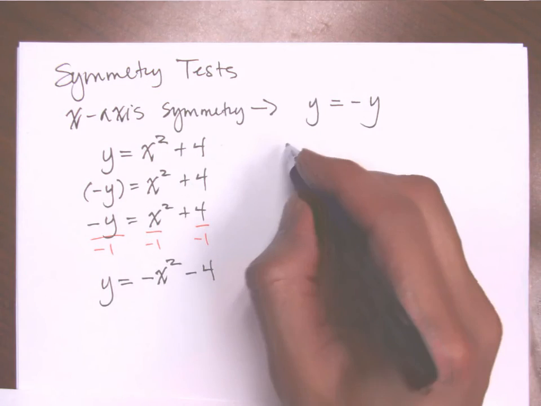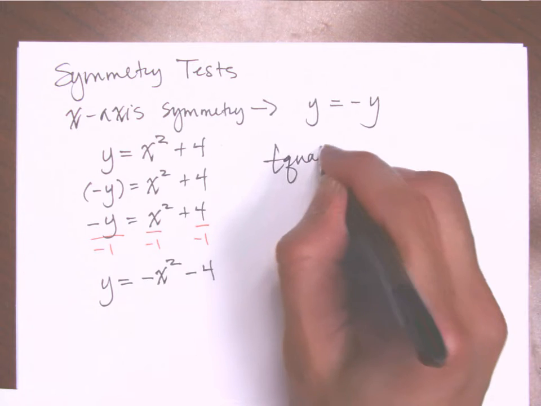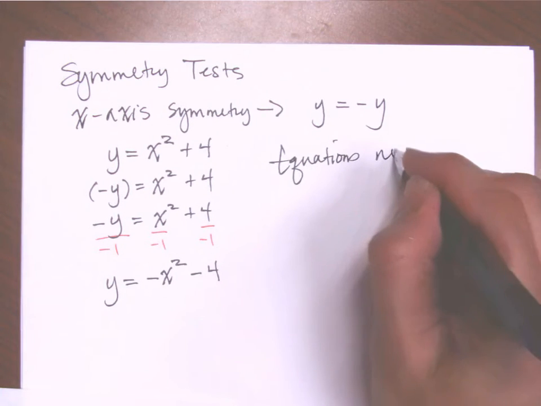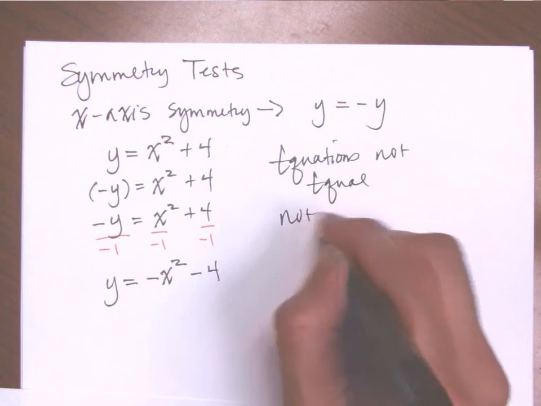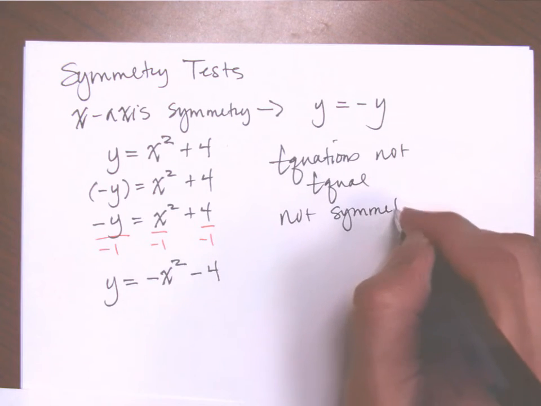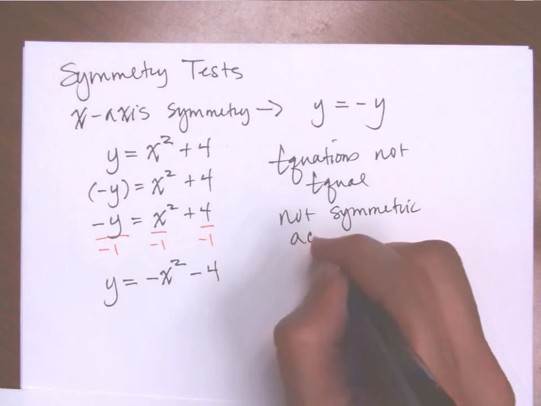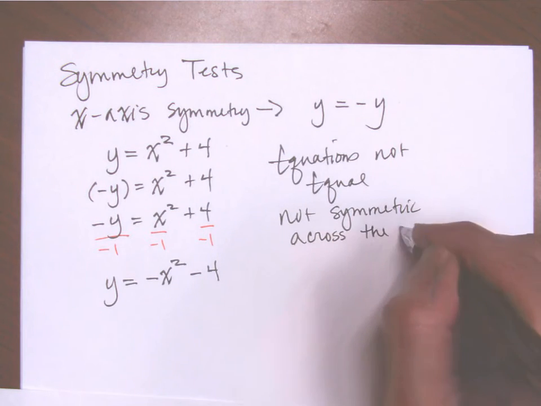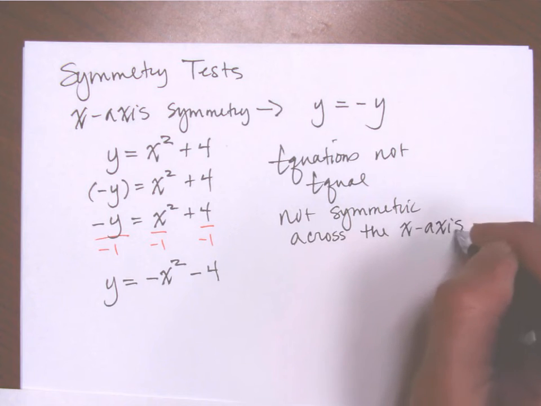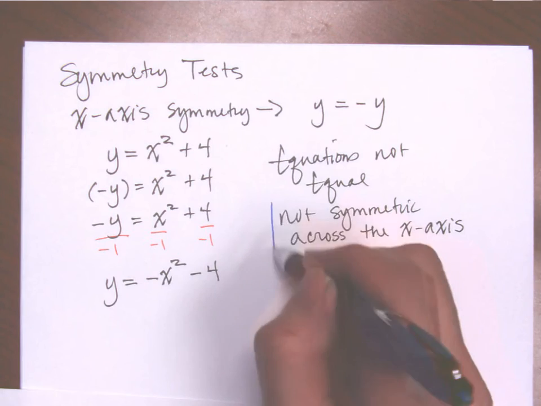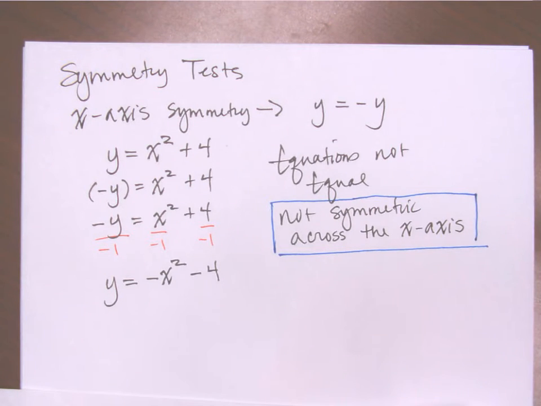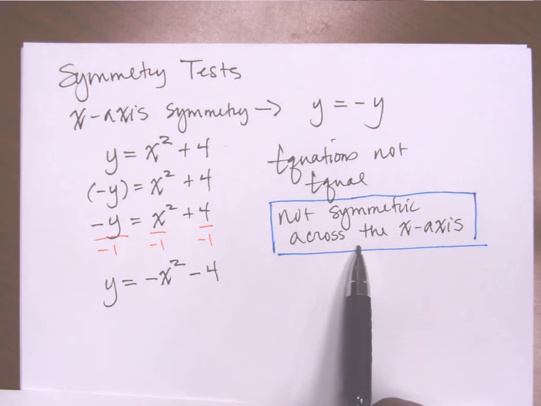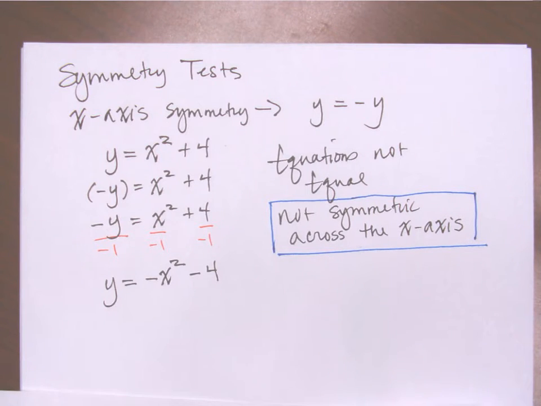So the equations are not equal. It is not symmetric across the x-axis. You do want to have some kind of written statement there explaining that you understood what you just did. This is your result, so you do need to identify that it is not symmetric.